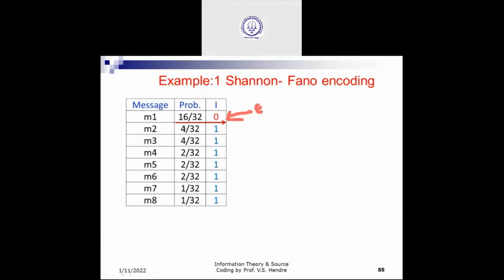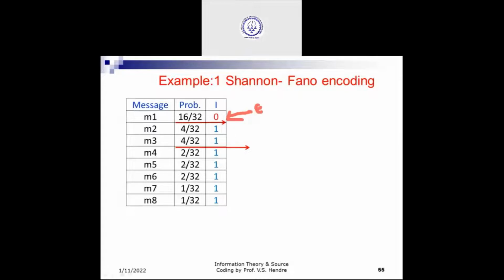So now I will take two symbols together. 4 plus 4, 8 by 32. Remaining is 2 plus 2, 4, 6, 7 and 8. So definitely I am able to divide this particular group, the lower subgroup, at this particular interval, where upper part sum is 4 plus 4, that is 8 by 32.